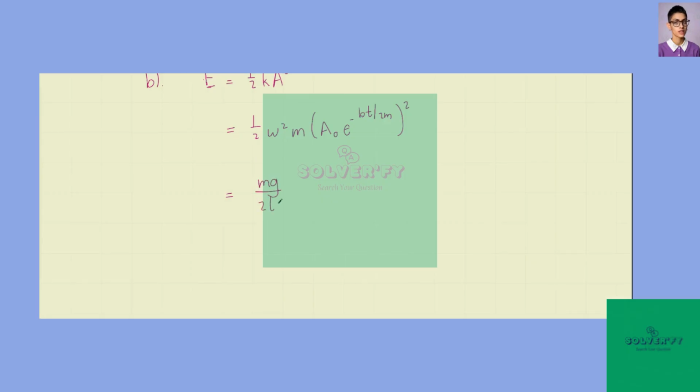And so we can write this as mg over 2L times A naught squared e to the minus bt over m. And so we have an expression for the energy, and then the energy loss rate. Energy loss rate is dE/dt.